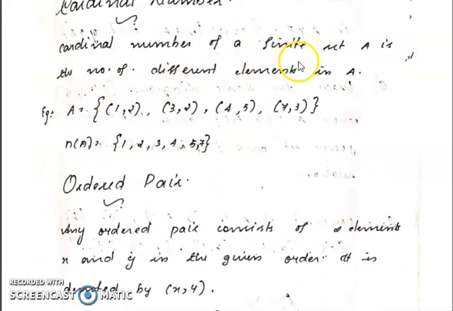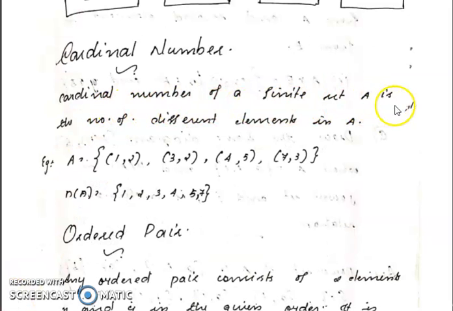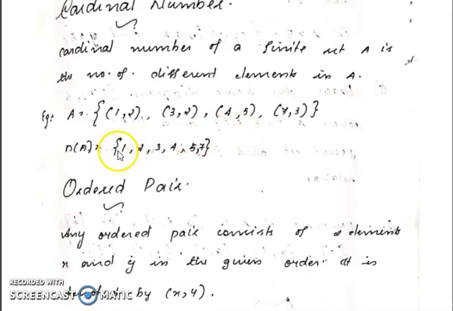The cardinal number of a finite set A is the number of different elements in that set. You can take an example like this: A is equal to 1, 2, 3, 4, 5.